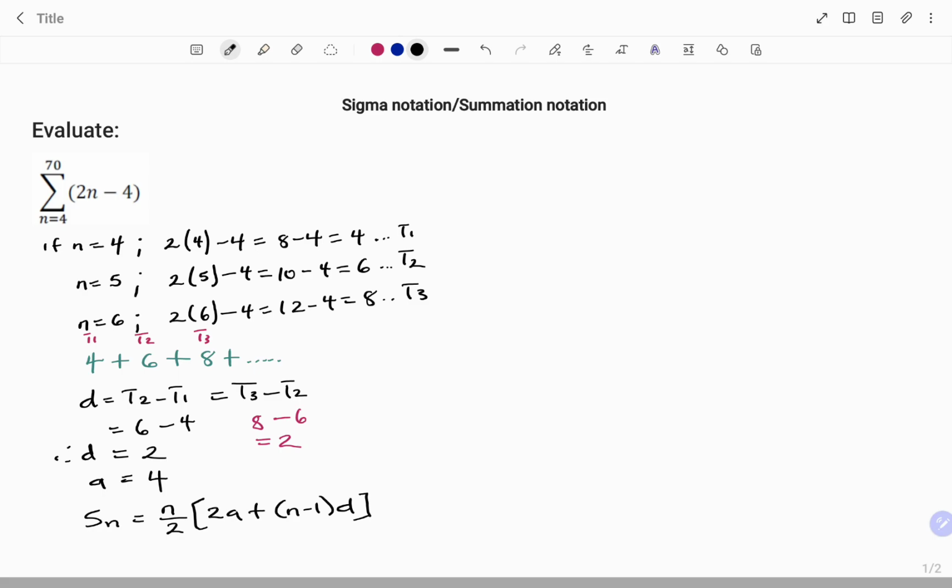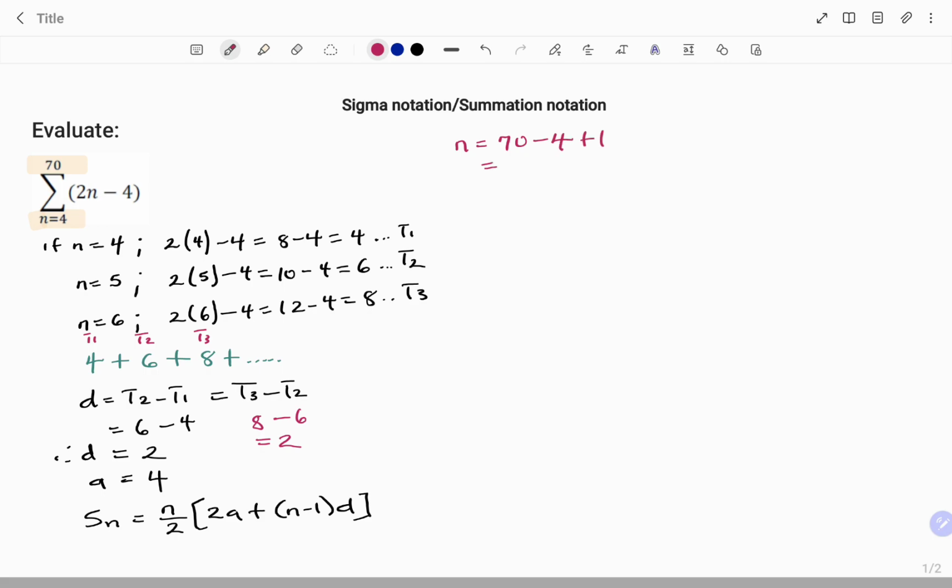Note that, like we did in the previous example, we need to note our starting point, or our lower limit, that's n equals 4, and our end point, which is 70. Therefore, to calculate our n, that will be n equals our upper limit minus our lower limit plus 1, that's 70 minus 4 plus 1.